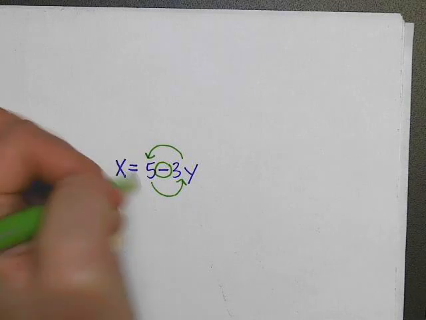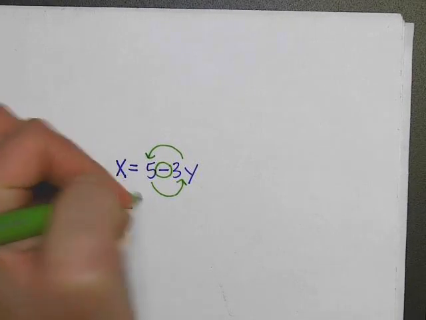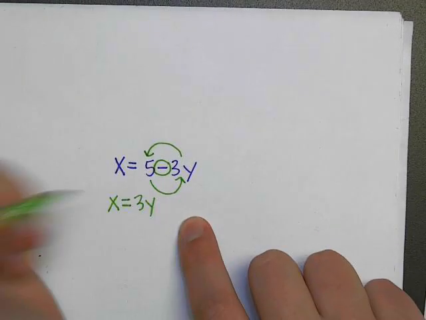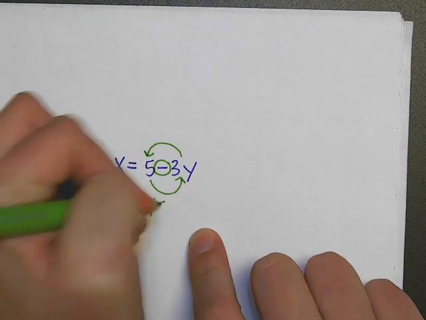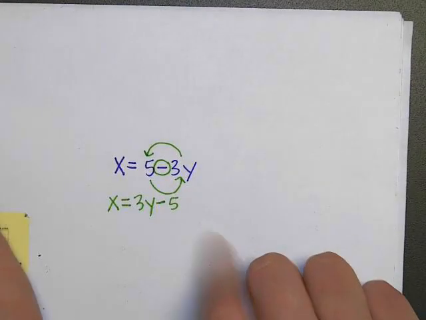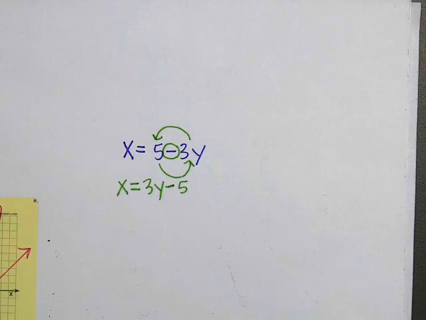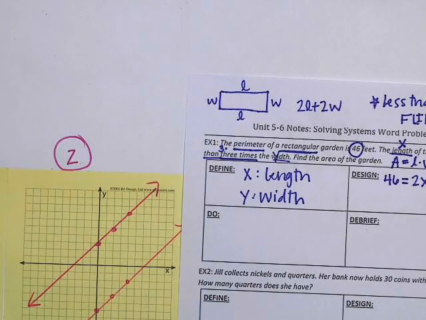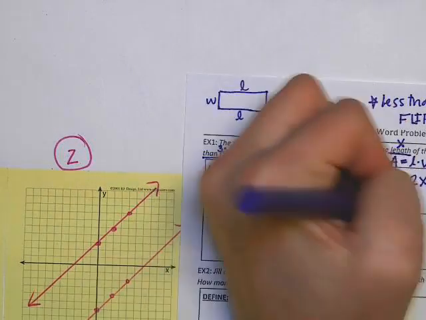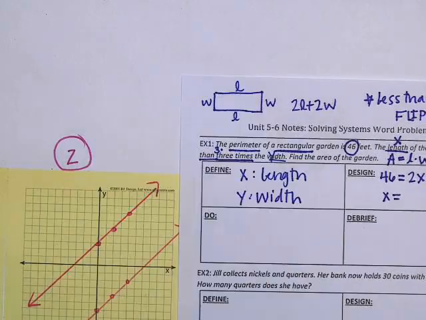So my real equation is going to be X equals 3Y going in the front, minus 5. I have to flip it. Less than is a flip word. You're going to hear me say that a lot. So on your paper, write X equals 3Y minus 5. We have to flip it because it says less than.